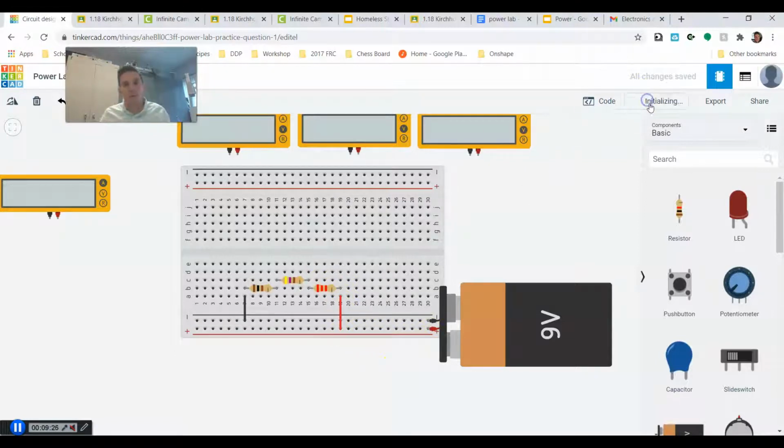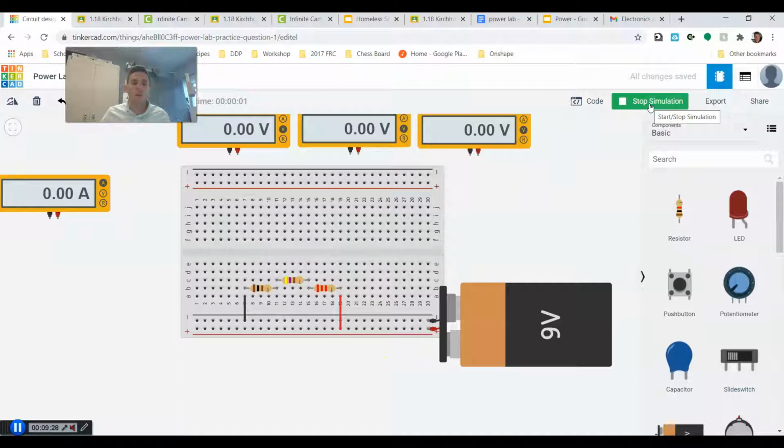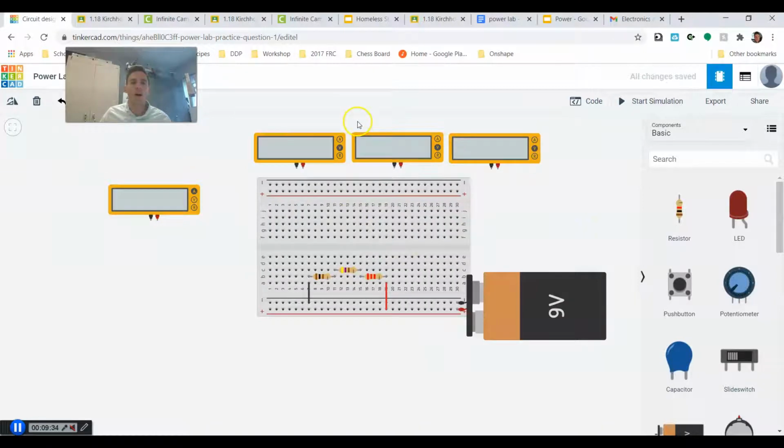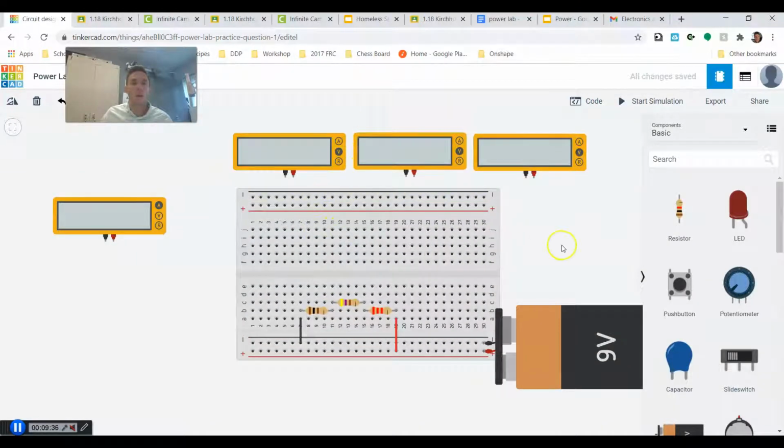If I were to start my simulation, nothing happens, but I do have power running through there. The cool thing about this lab, unlike when we're measuring resistance, current and voltage with multimeters, is that they work hand in hand. We can be measuring both of those things simultaneously without an issue.